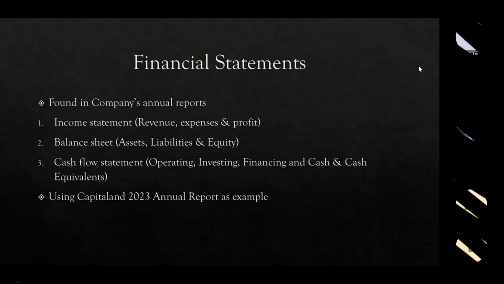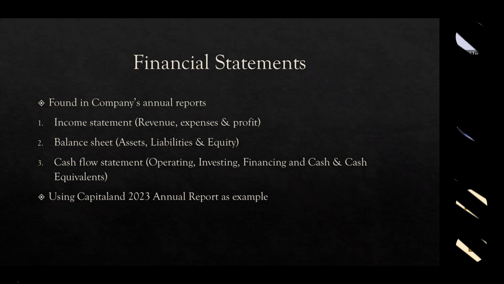The second piece of these financial statements would be the balance sheet. This balance sheet will include assets, liabilities, and equity. Liabilities basically means borrowings or loans or debts.